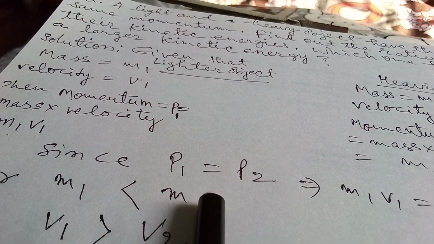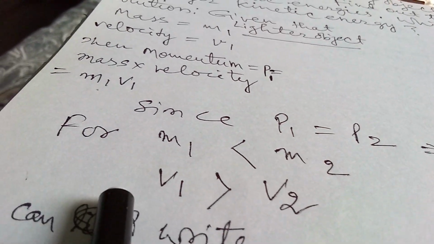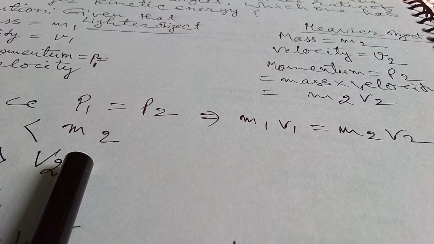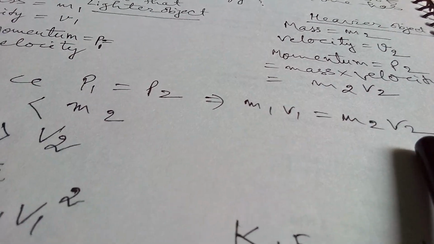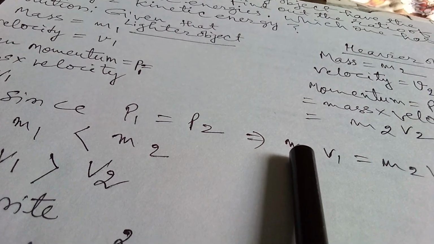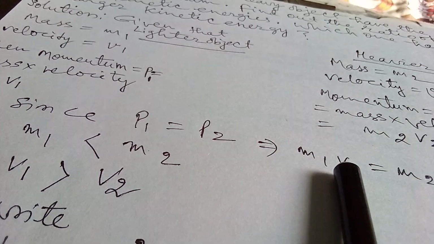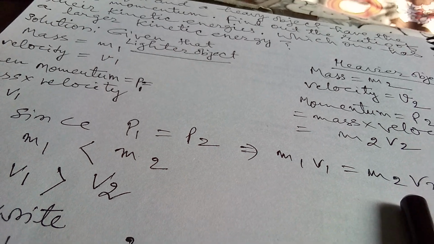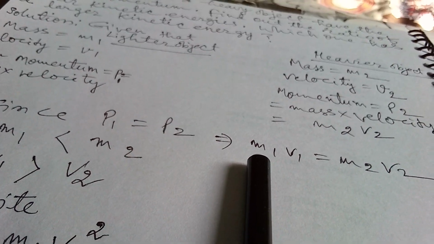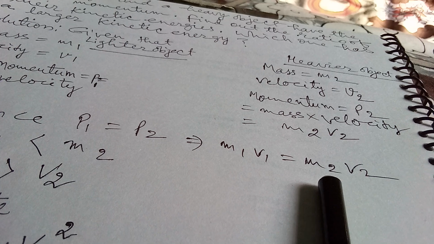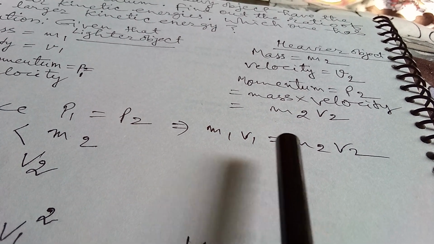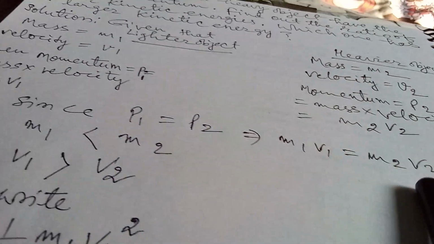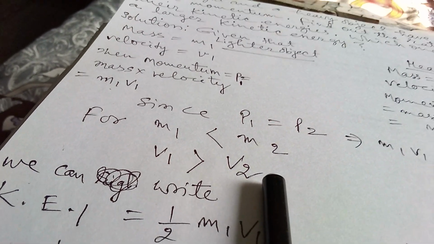It means that v1 is greater than v2, because m1 v1 equals m2 v2, and here m1 is smaller, so v1 should be greater. Then only their products can be equal. So v1 is greater and v2 is smaller.